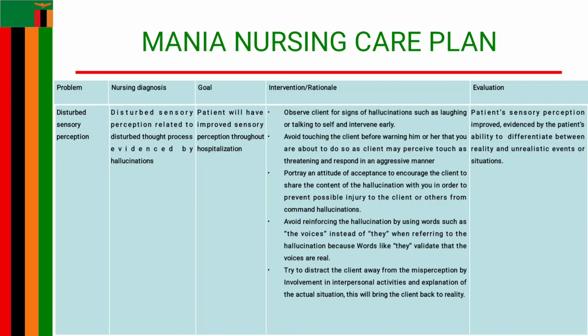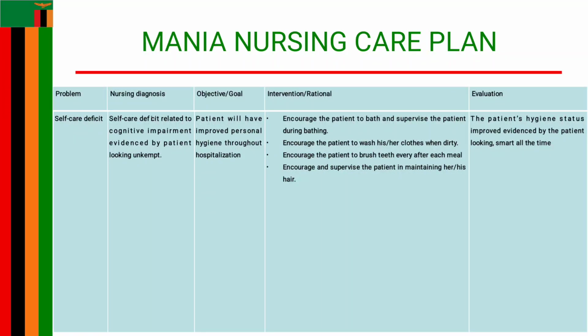Then in terms of evaluation, you can say patient's sensory perception improved throughout hospitalization, evidenced by patient's ability to differentiate between reality and unrealistic events or situations. Then the next problem we can talk about is self-care deficit.